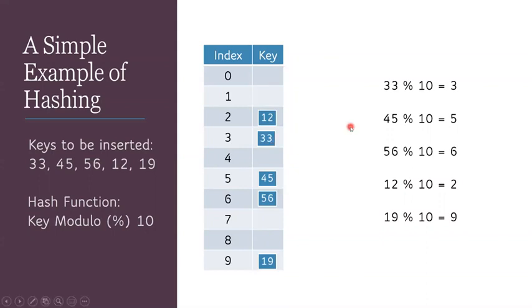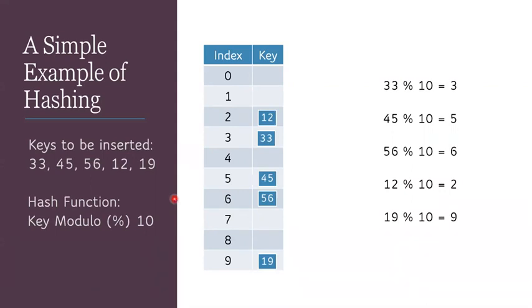All I have to do is do 56 modulo 10, and that would return to me the value 6. And that just makes my job very easy because I got the index already, and I just have to go to the hash table and search for that particular index. At that index I will find this particular key. So basically it makes your searching very, very easy.